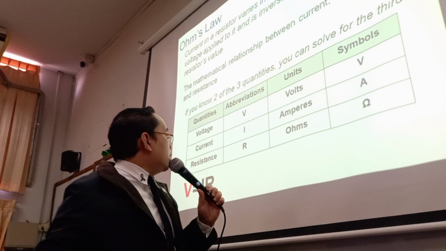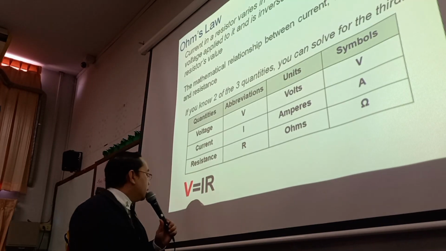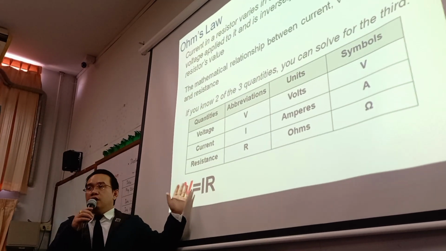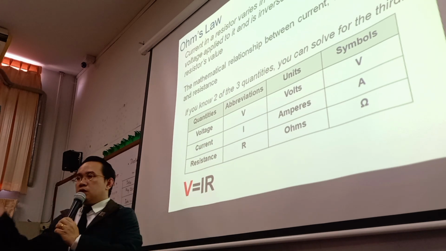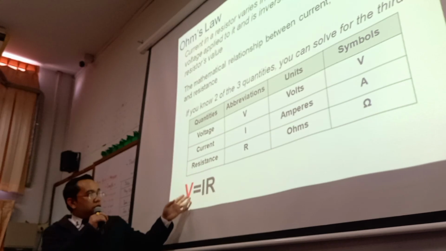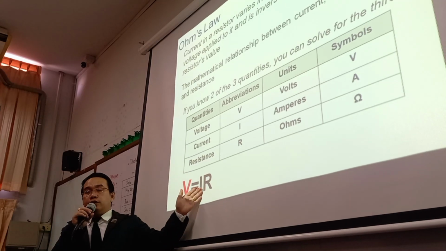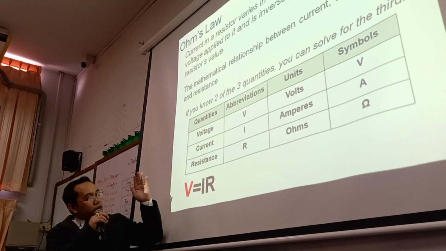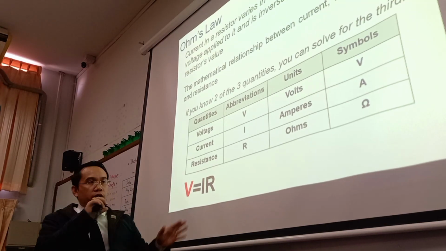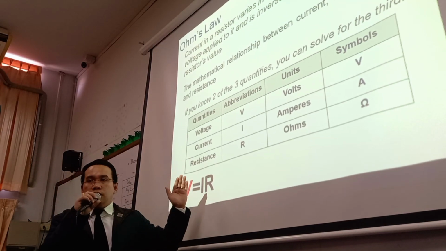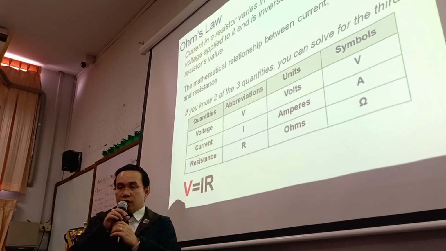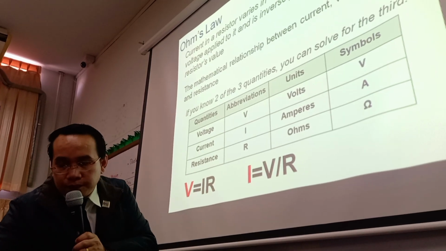Next, how can we formulate the standard formula of voltage? Always keep in mind that voltage is directly proportional to the current and resistance. Therefore, V is equal to current times R. Do you understand? So remember those formulas.